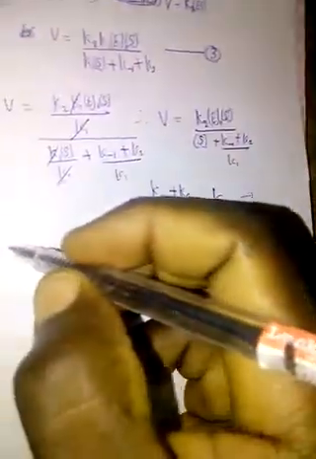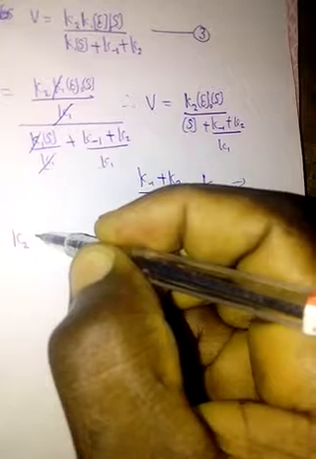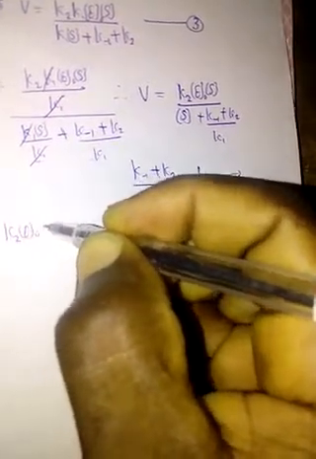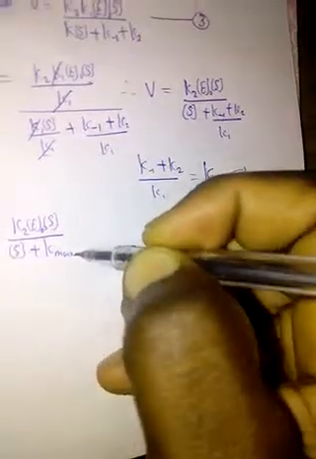Therefore, this can be written as V equals to K2 E naught S all over S plus Km.